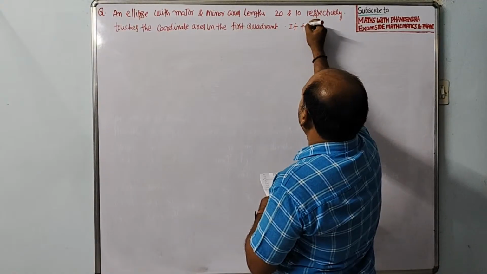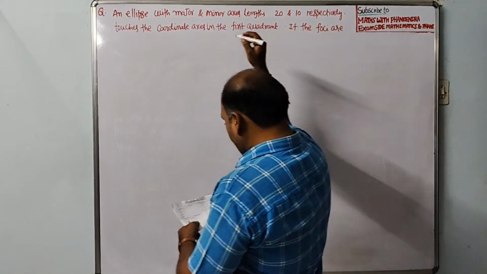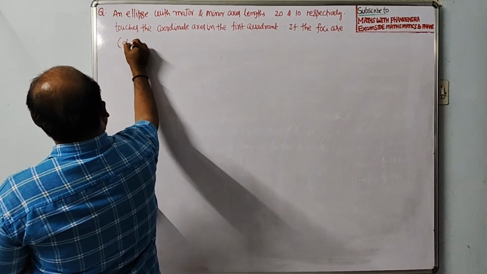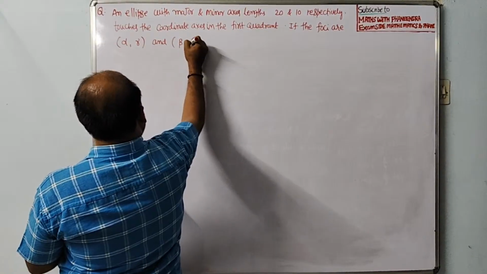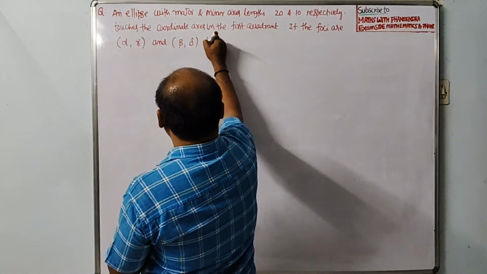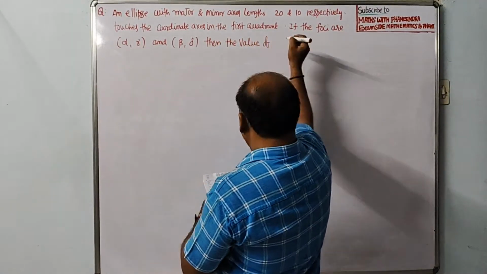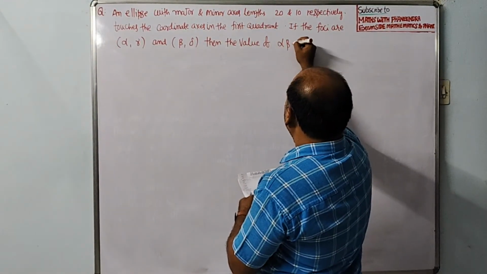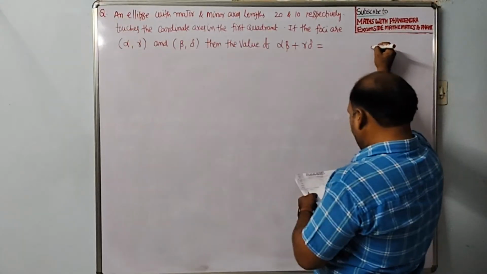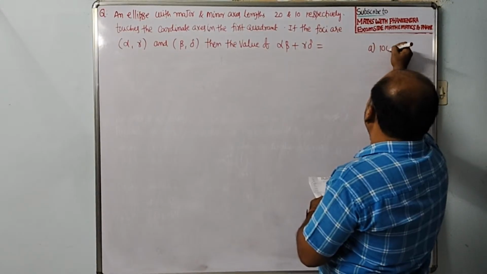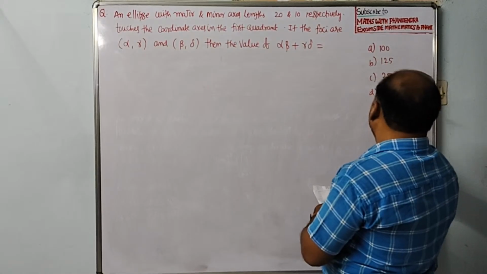if the foci are alpha, gamma and beta, delta, then the value of alpha, beta plus gamma, delta is equal to, so first option A 100, second option B 125, C 25, fourth option D 50.